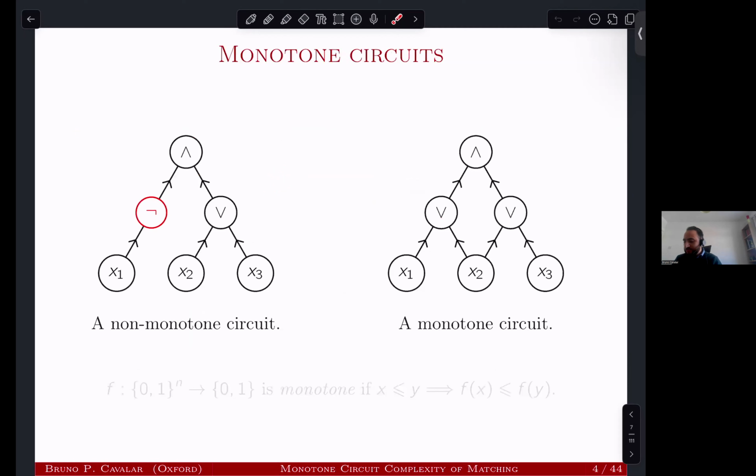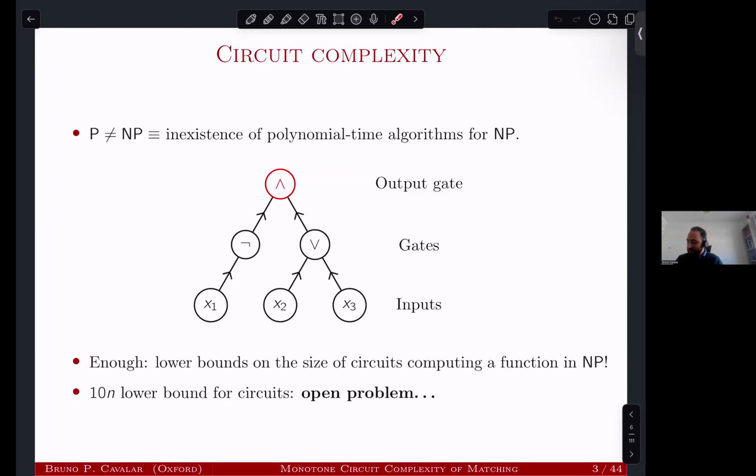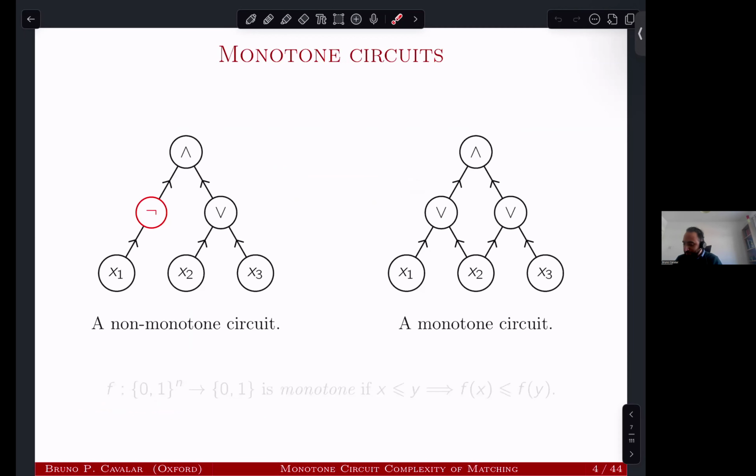Right, and monotone circuits are a variant of circuits which do not have negation gates. You could be motivated to look at this restricted circuit model just by the fact I just mentioned, that getting any progress has been so hard. So let's try to look at sub-problems that are easier. The monotone circuit model is one of those models that have been successful in proving lower bounds.